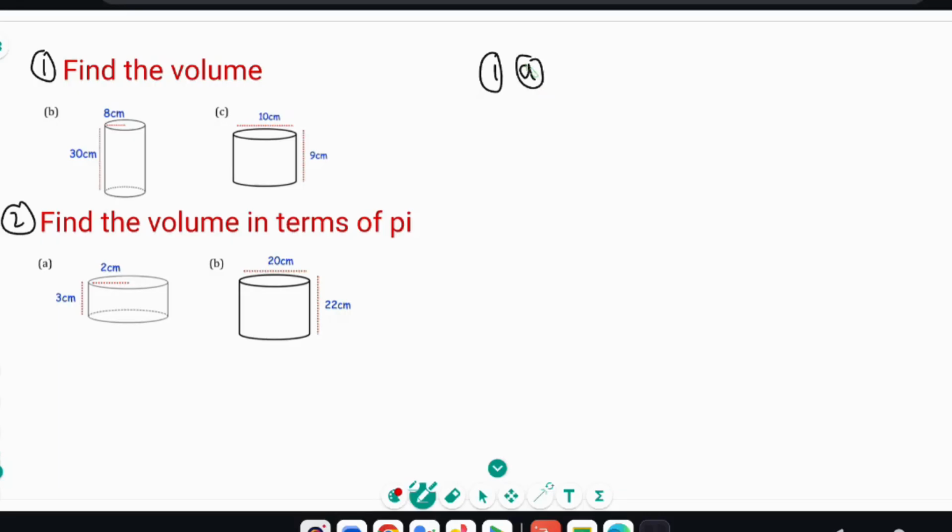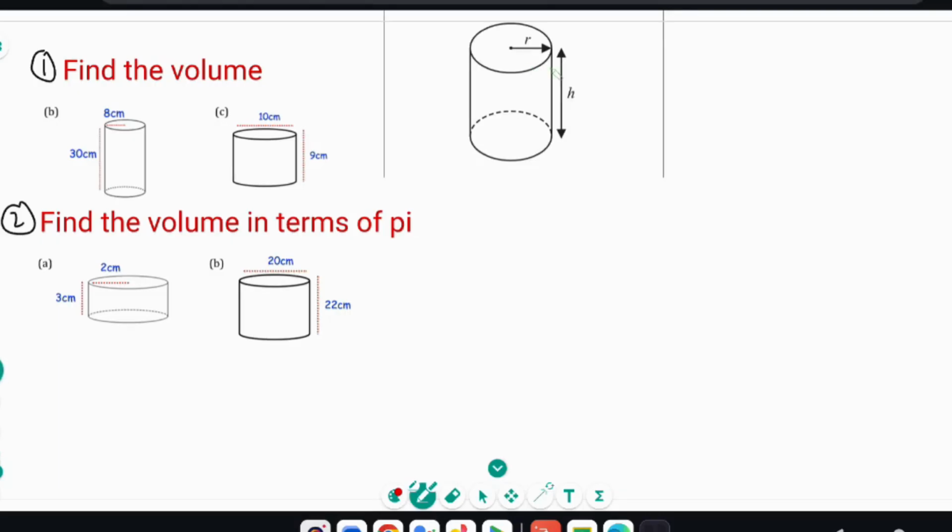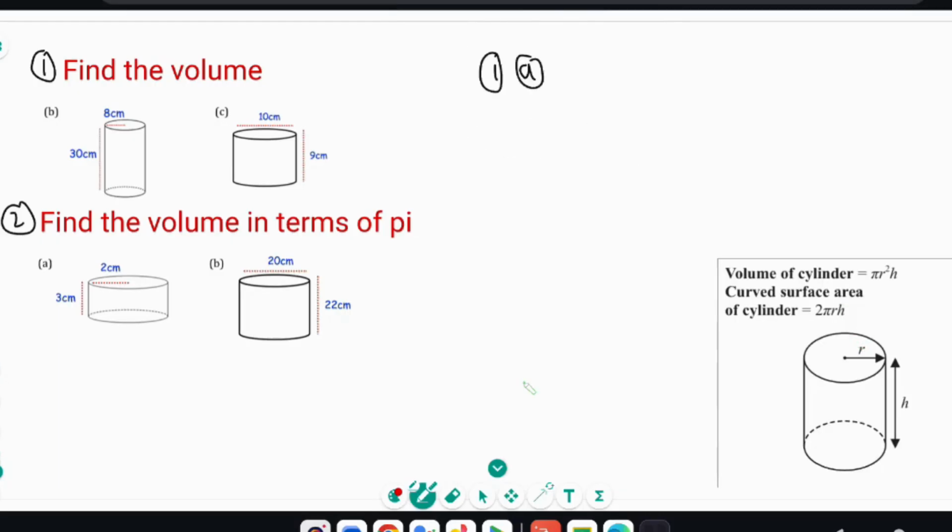1a, pi r squared h. So pi times radius squared times the height. 6,031.9.